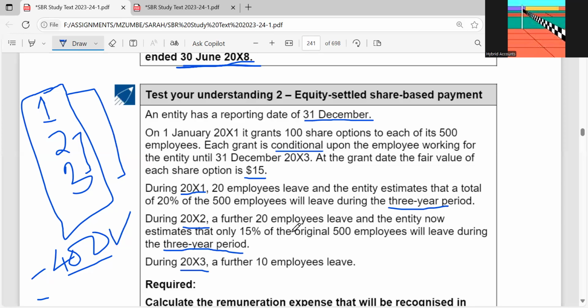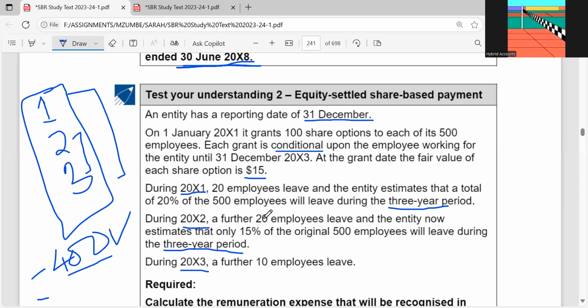So I expected that maybe the question said a further 20 leave, and the entity now estimates that let's say 40 would leave in year three, in only the last year. So I would say the first 20 plus the second 20 plus the last 40, which gives us 80. And I would say, so 80 would be expected to leave in the 3-year period, right? The remaining, I would say 500 minus 80.